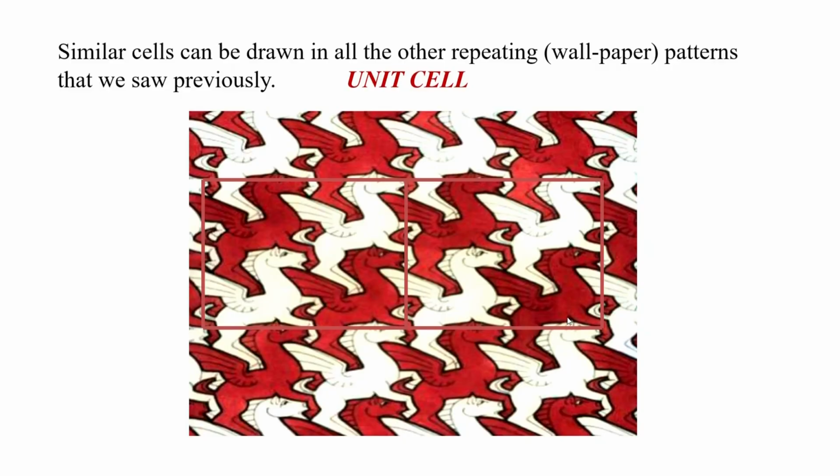Similarly, unit cells can be defined in such a way that they are like frames. So, we can move this along anywhere in the 2-dimensional space, it will fit exactly the symmetry that is required for this 2-dimensional motif. That way we define the unit cell here in terms of length.